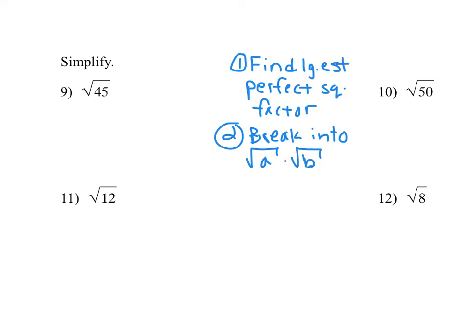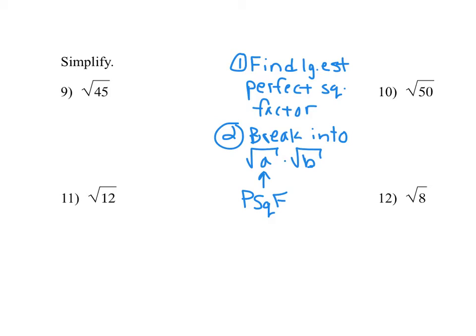And specifically, you want to feed into that factor pair of square roots, when you find the perfect square factor in step 1, you want to put that in the spot for a. So you'll have the perfect square factor under a radical in that first spot, times the other one. That is going to give you, in this case, 45 when we're looking at number 9.